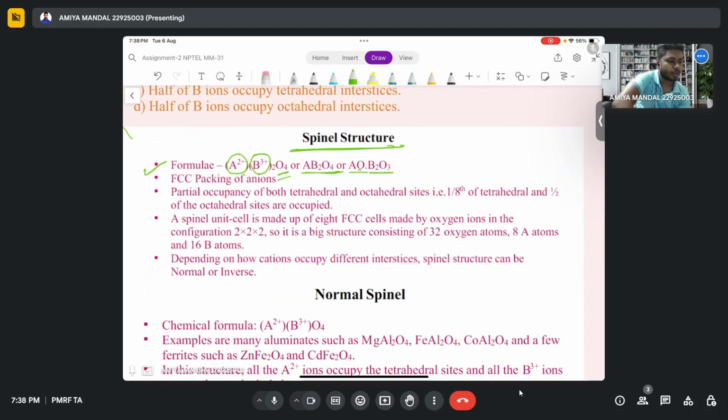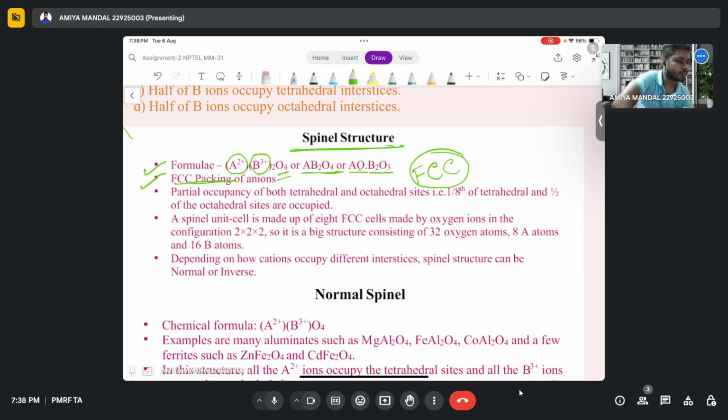Every spinel structure has FCC packing of atoms, a face-centered cubic structure, where anions are present at each corner along with the faces, which construct tetrahedral and octahedral positions. This is very important.